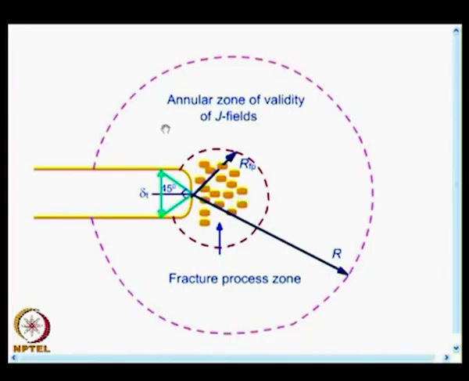After this zone, you have an annular zone of validity of J fields. This is a schematic, conceptually trying to show that different zones could be identified near the crack tip. Do not conclude that this is circular in shape; it may vary from problem to problem, and you have to do sophisticated EPFM calculations to get the size and shape of these zones.